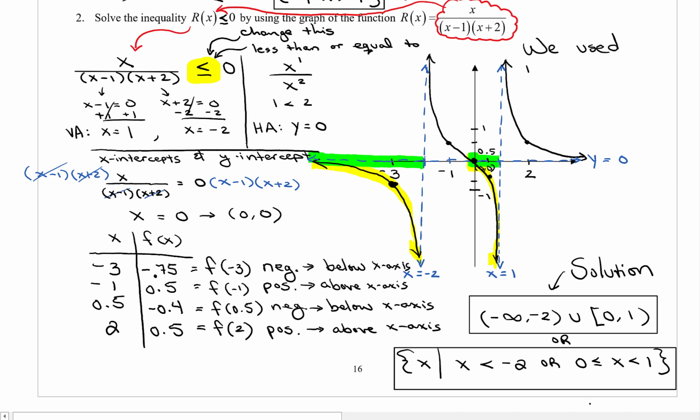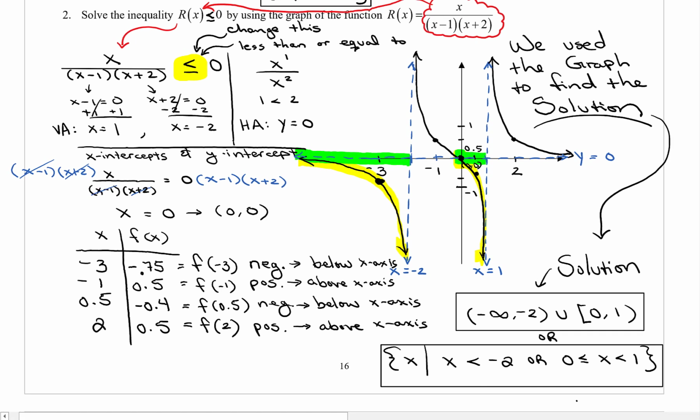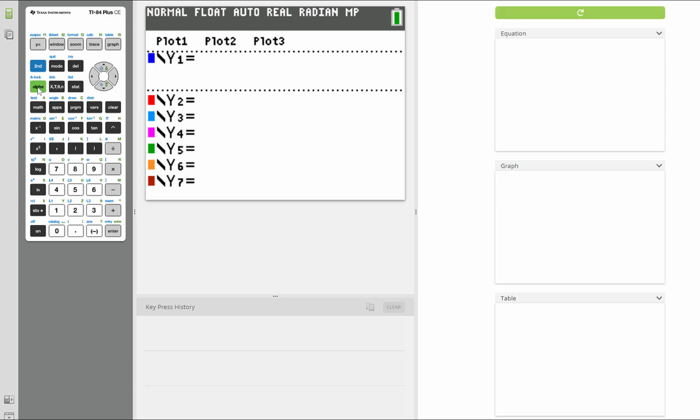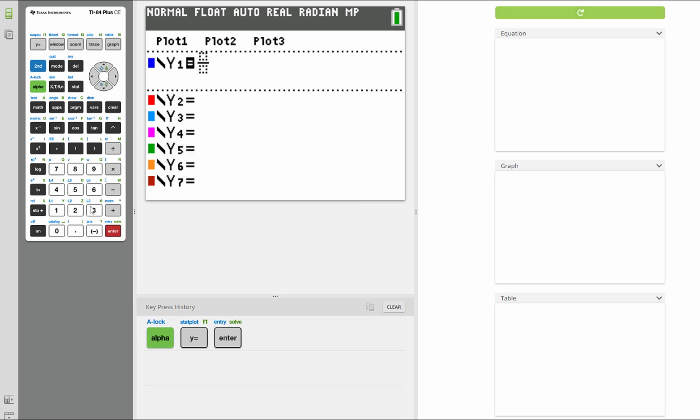So even though we used this two-dimensional graph, which was really cool, to draw the solution, it wasn't asking for that graph. We just wanted the answer in terms of x, like what are the x values that are going to make this inequality true. So let's go ahead and put this into the graphing calculator and see what we get. Let's type in our function.